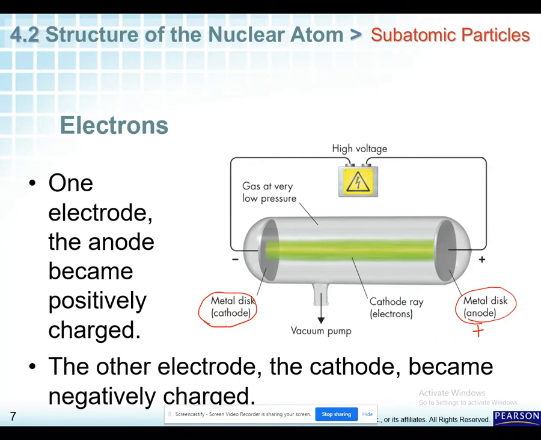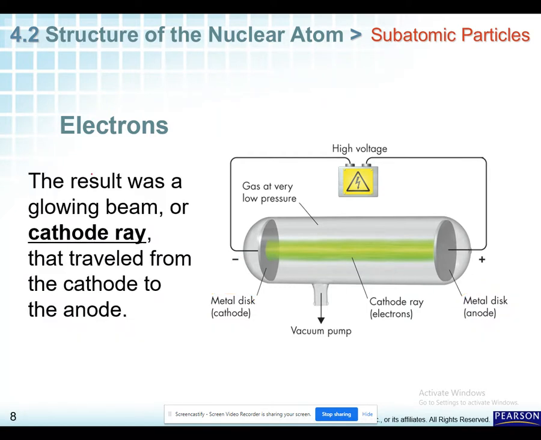The other was the cathode, and it was negatively charged. So over here, that's why you see this negative and this positive. So electrons flowed from one side to the other, and right now we have a straight line. So the beam of electrons was known as a cathode ray, hence the name cathode ray experiment.